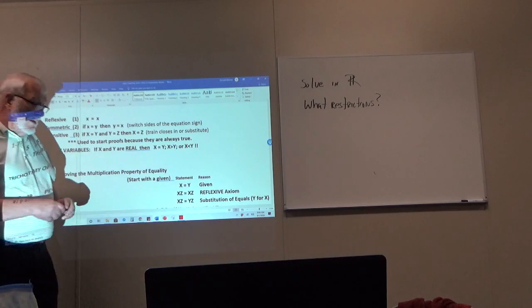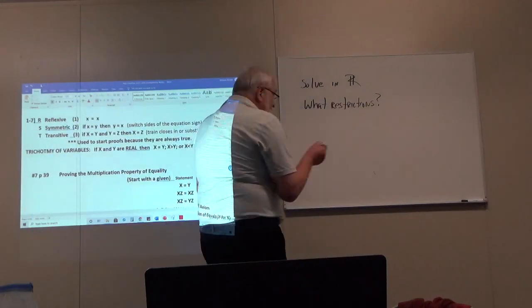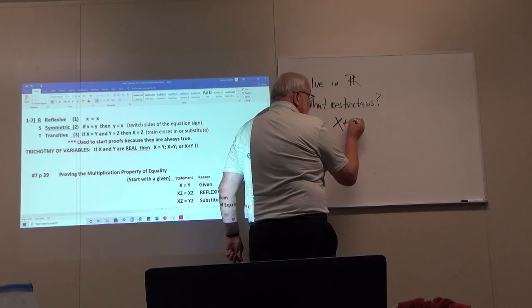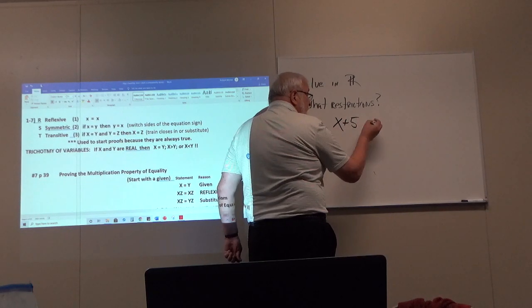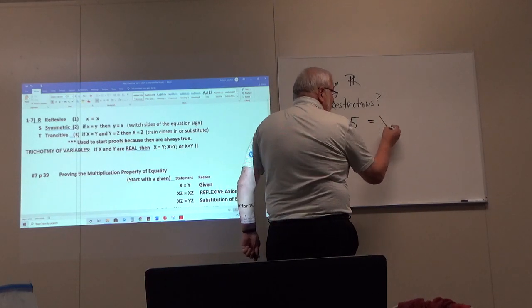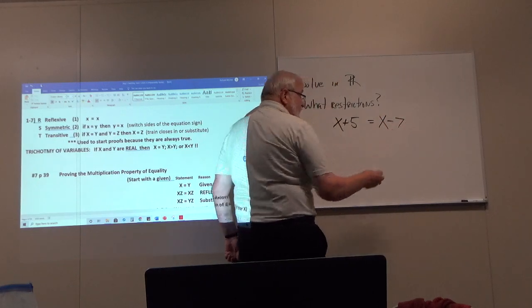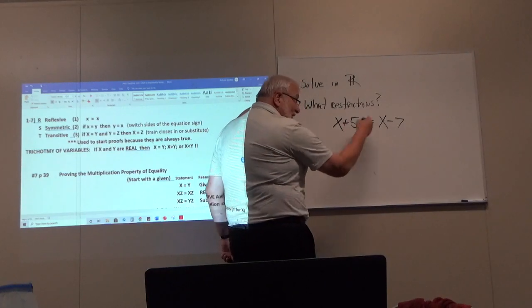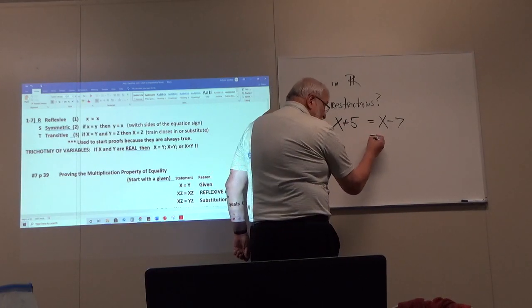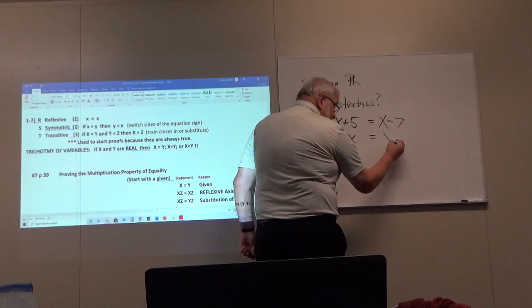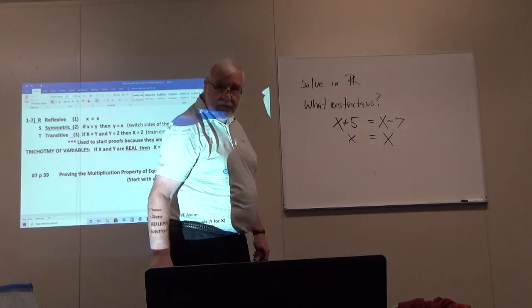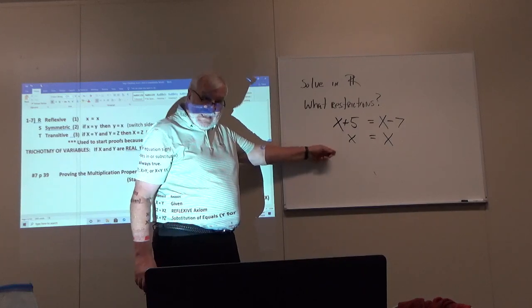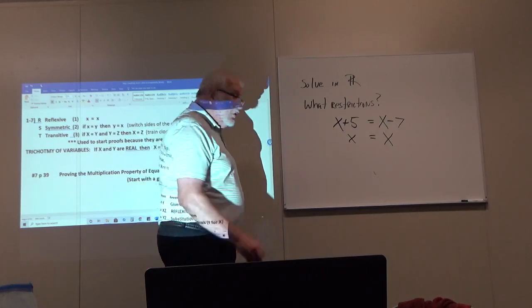A lot of times, if I have x plus 5 equals x minus 7, what I'm doing when I subtract x from both sides is taking the reflexive property x equals x, and then subtracting these two equations.